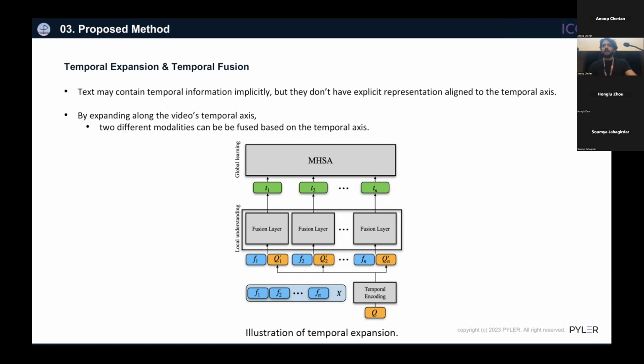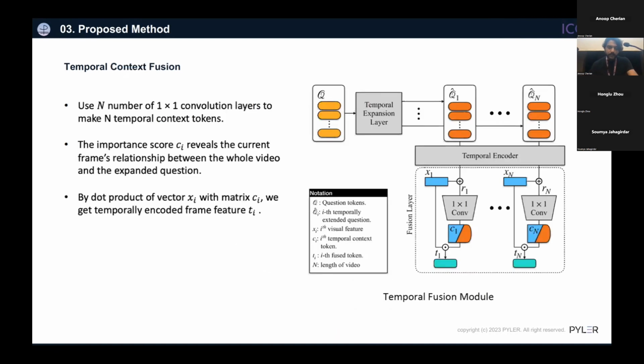How about learning to expand the text along the temporal axis of the video, in hopes that the model might learn some temporal structure from the question as well? The idea is pretty simple, and it's inspired by a work from two or three years ago on TokenLearner.